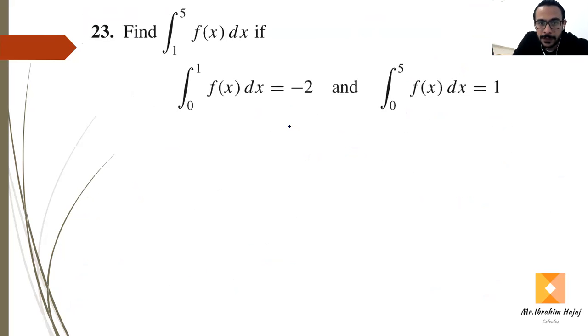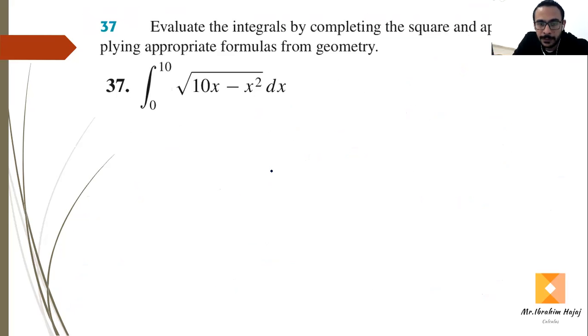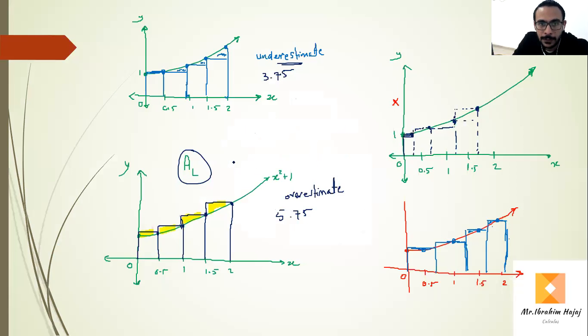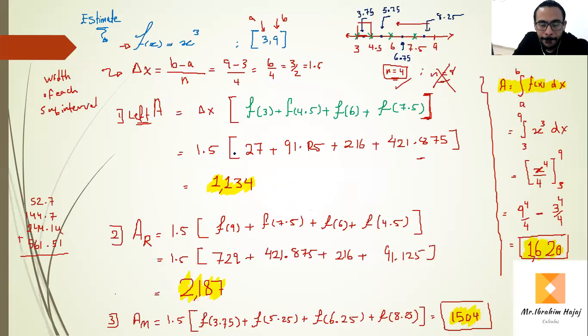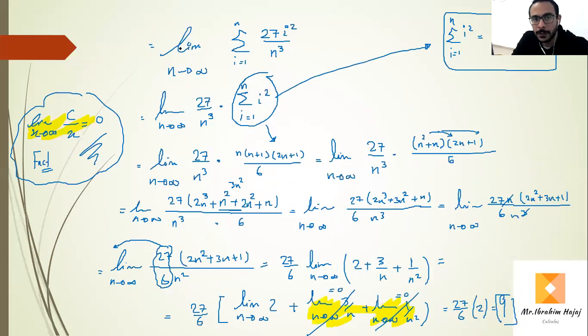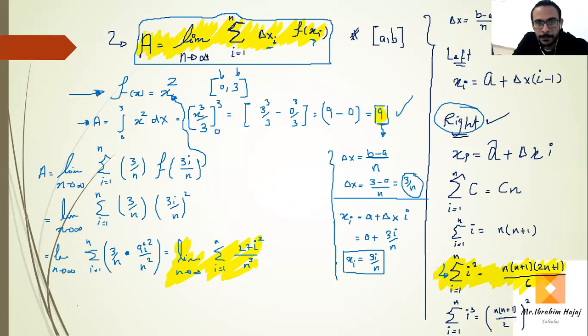As we did here in this example that I explained, A equals the limit as n approaches infinity, or max delta x k approaches 0, of the summation from i equals 1 to n of delta x times f of x sub i.